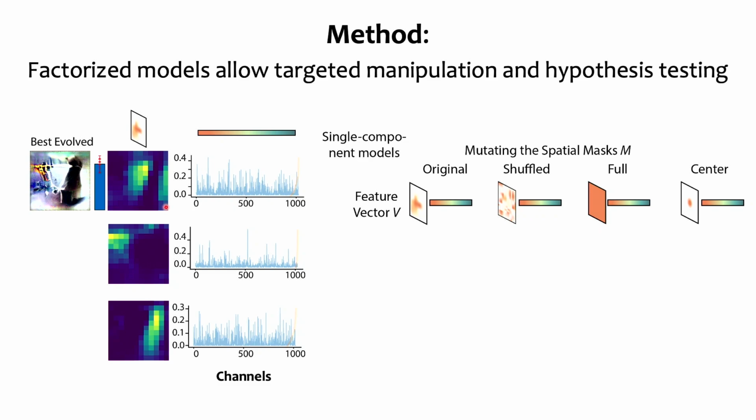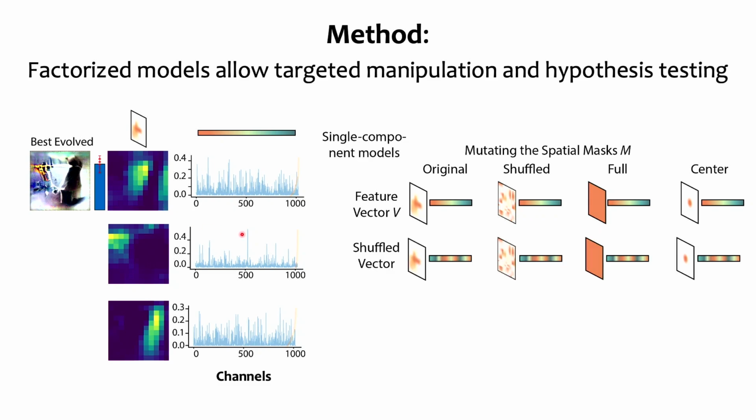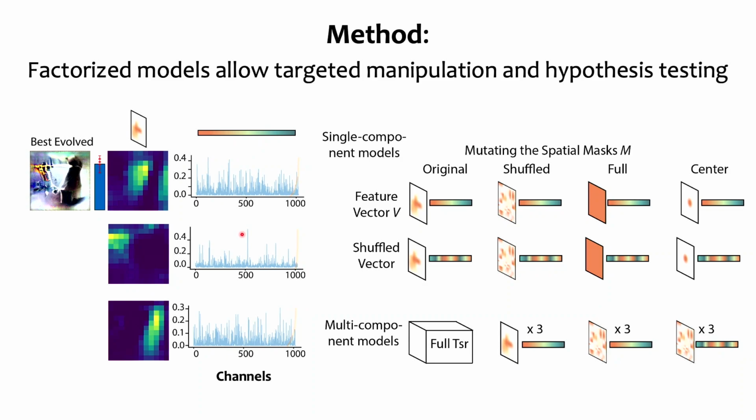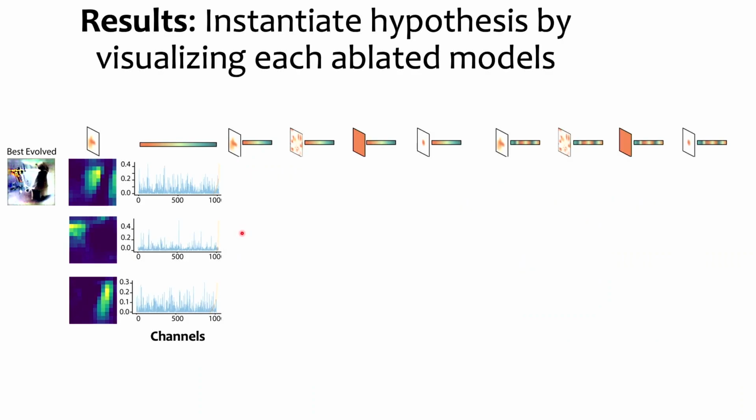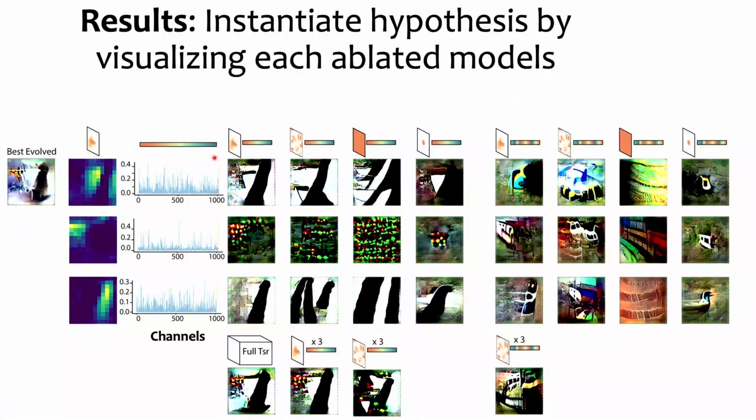We can put the features everywhere in the space or in the center of the space. On the other hand, we can also shuffle the features and do the same game. For each of these models, we can visualize the content by feature visualization and turn them into images. Under each image is a distribution of images that highly activate each one of these mutated models, and we can show them back to the monkeys.